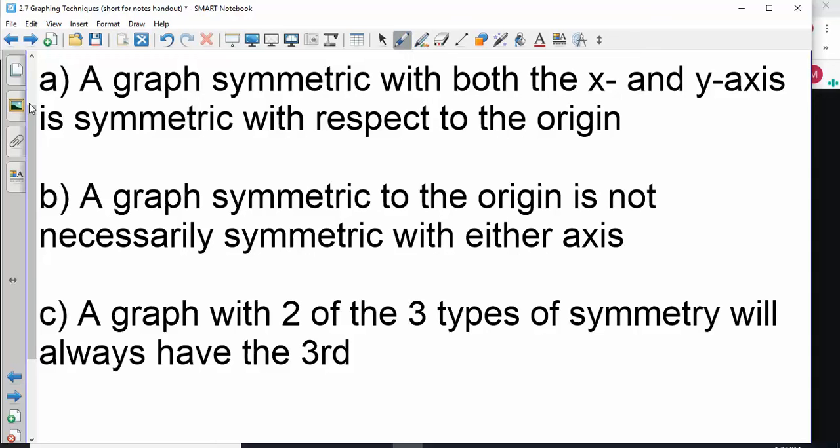You will never get 2 yeses and 1 no. You can get no yeses, 1 yes, or they're all 3 yeses. But you'll never get 2 out of the 3 to work. Does that make sense? And it is possible to be symmetric to the origin, but not symmetric to either the x or the y axis. So that's really all that says. Again, you don't really have to memorize that, because as long as you know how to check all the different types of symmetry, you'll be fine.